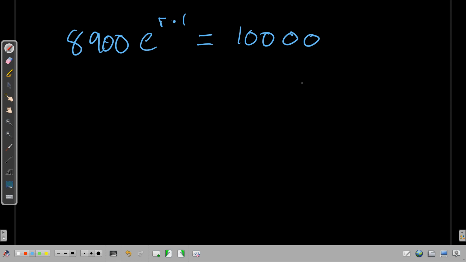So I'm starting off with 8,900 bacteria, and for whatever r is, when t is 1, there's 10,000 bacteria.